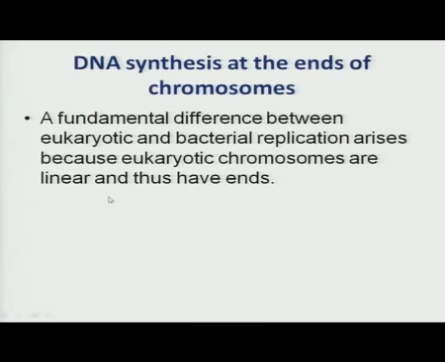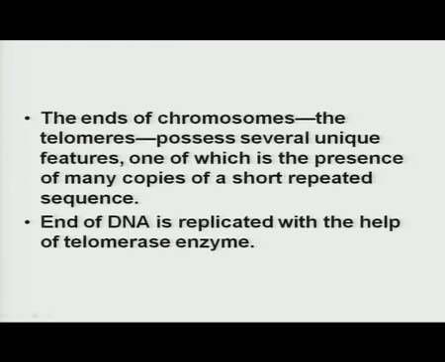But an important part of DNA replication in case of eukaryotes is the DNA synthesis at the end of the chromosome. As we know, eukaryotic DNA has one end which will be having a gap because of the removal of the primer.